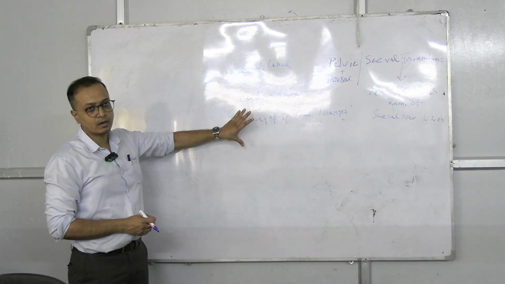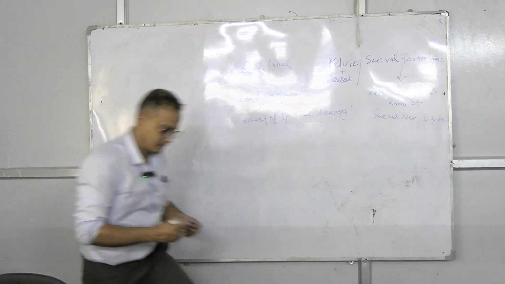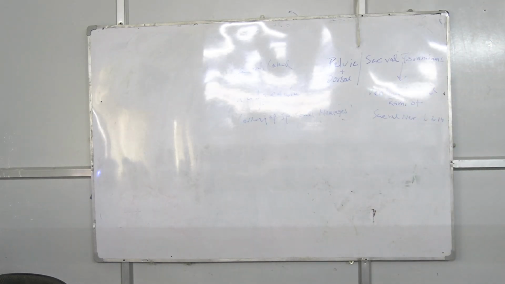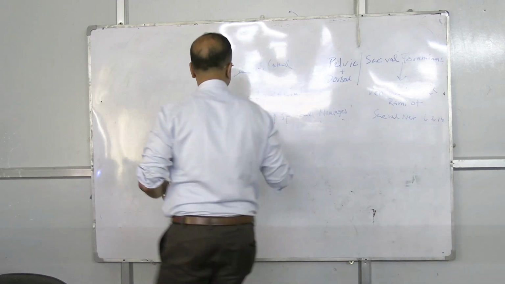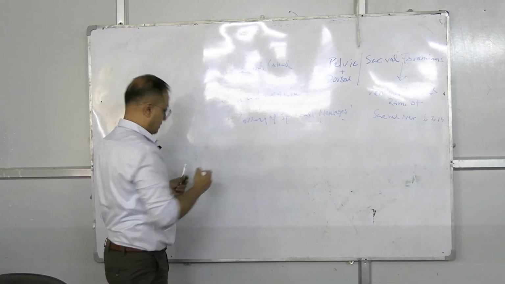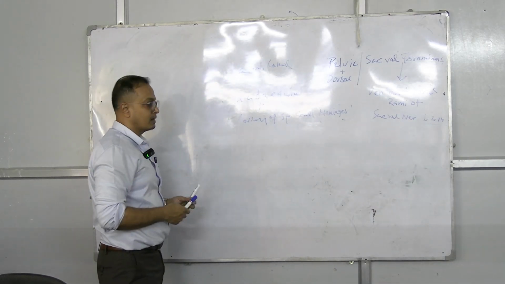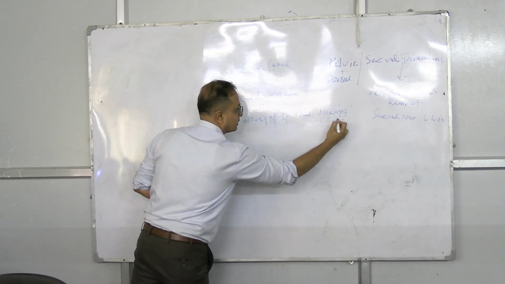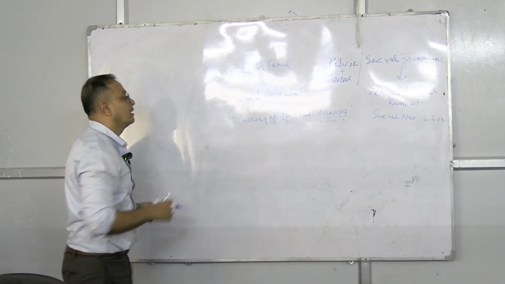So, cauda equina and the covering of the spinal cord, we call them meninges or meninges layers, getting into this particular sacral canal.